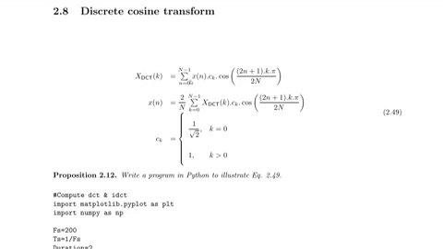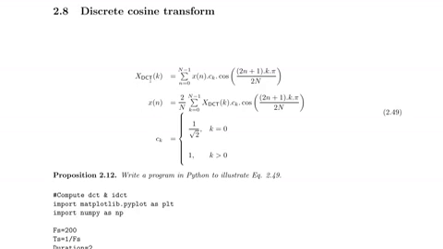X DCT of k is equal to sigma n from 0 up to capital N minus 1 x of n times c of k times cosine of (2n plus 1) times k times pi over 2N. Okay? Instead of having simple n, we will have 2n. It has meaning.